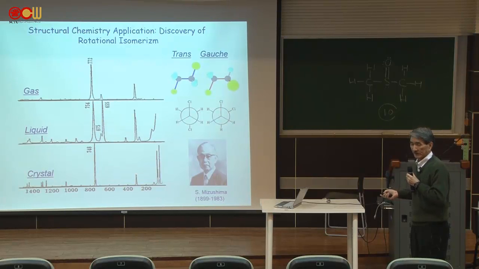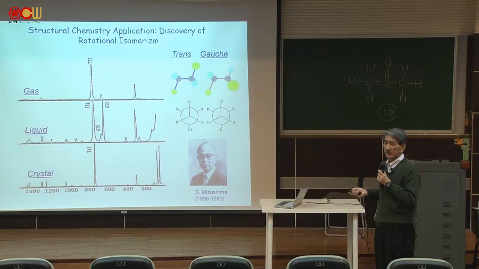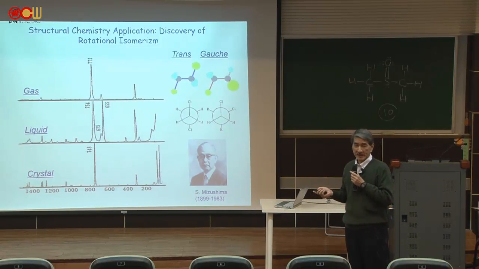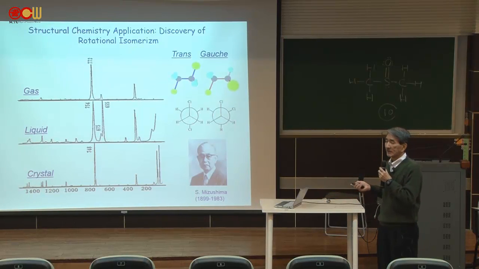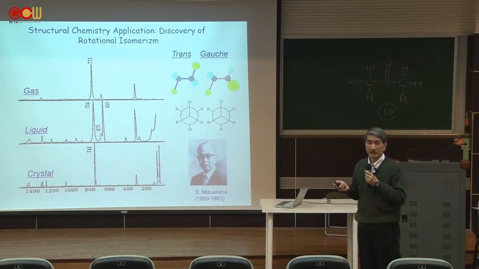Then it happened that a student in Mizushima's laboratory was doing a new experiment to measure liquid 1,2-dichloroethane at lower temperature. He did some experiment, but somehow he left the experiment and went out and came back many hours later.